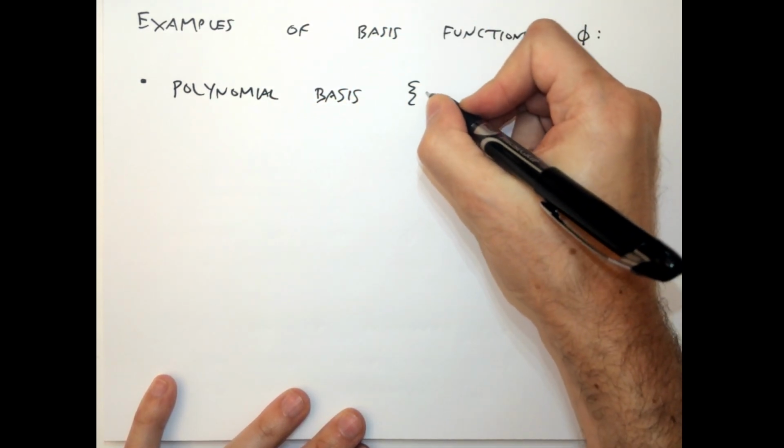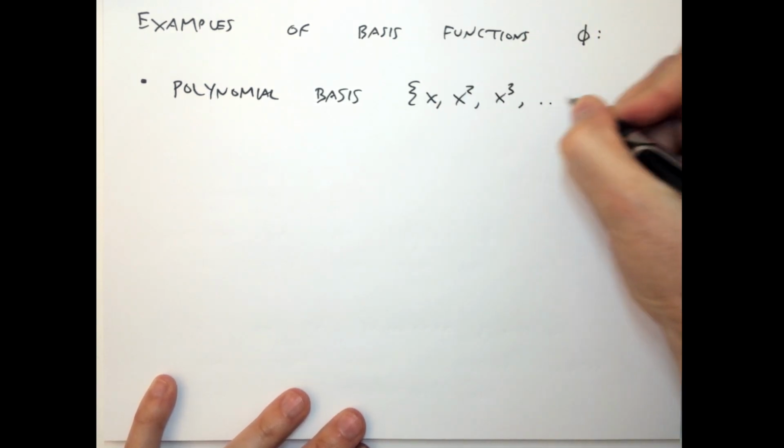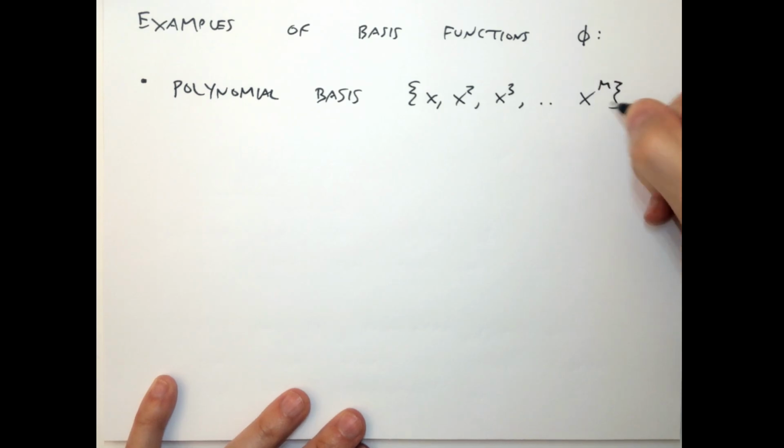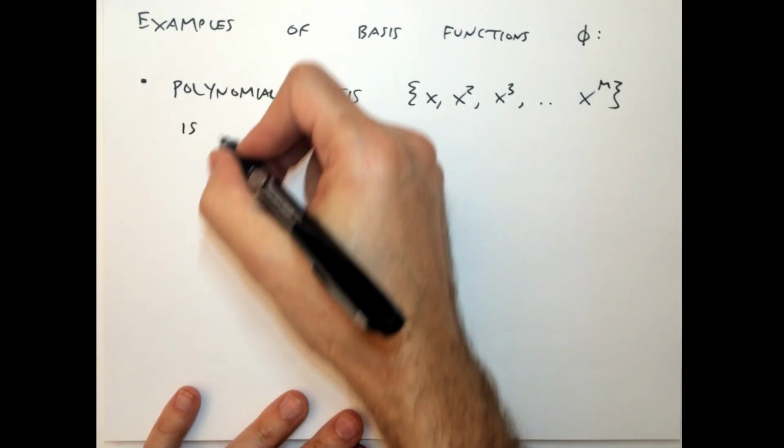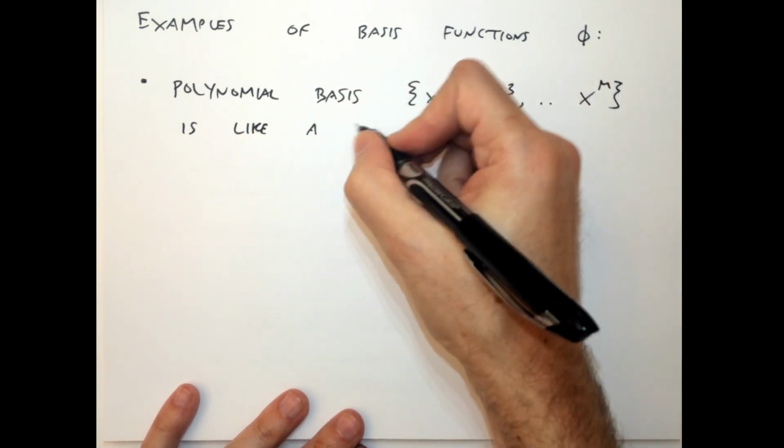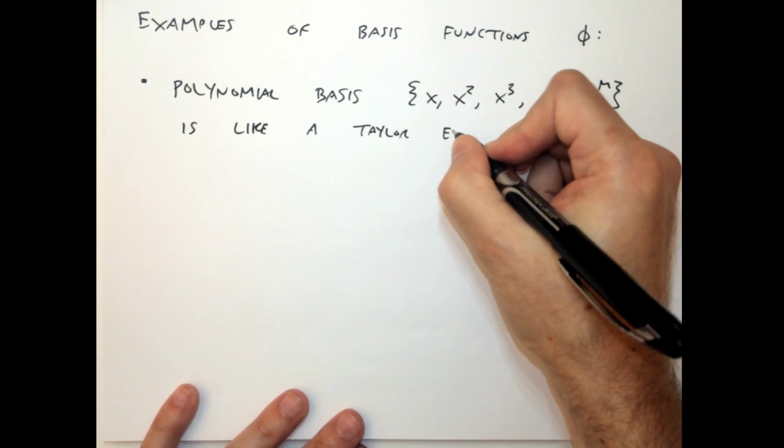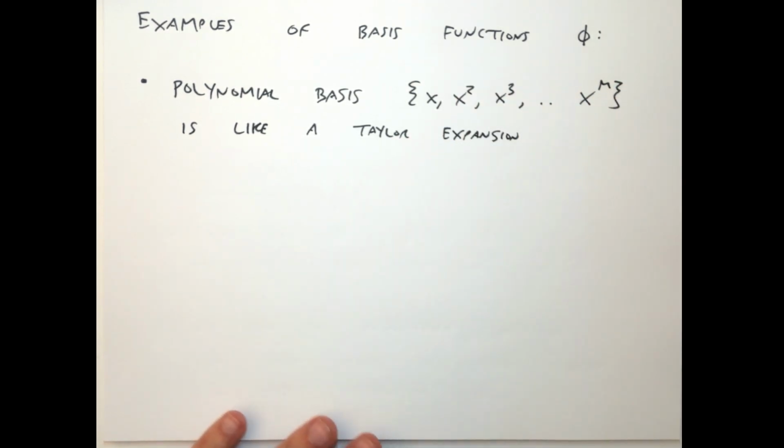So we could say x squared, x cubed, x to some power m, kind of like a Taylor expansion of a function. What we're doing is finding coefficients on the polynomial values, and in fact, that's what you did on homework 1. And if I had more dimensions than just one dimension of x, it would be like the last part of the first homework problem, where you had 3 dimensions and you looked at all the combinations of things. Basically, any products of these input variables would be like a polynomial basis, okay?